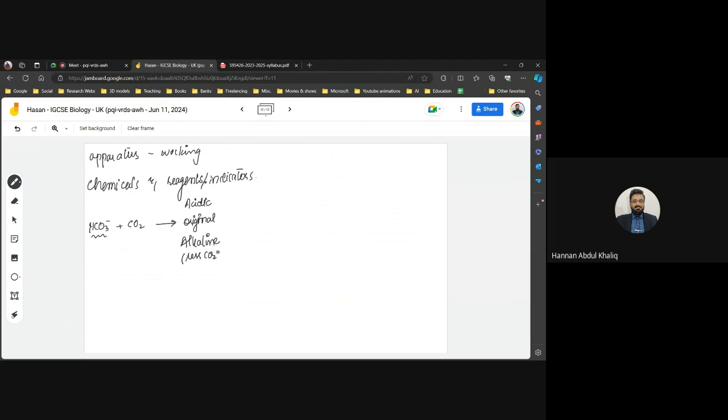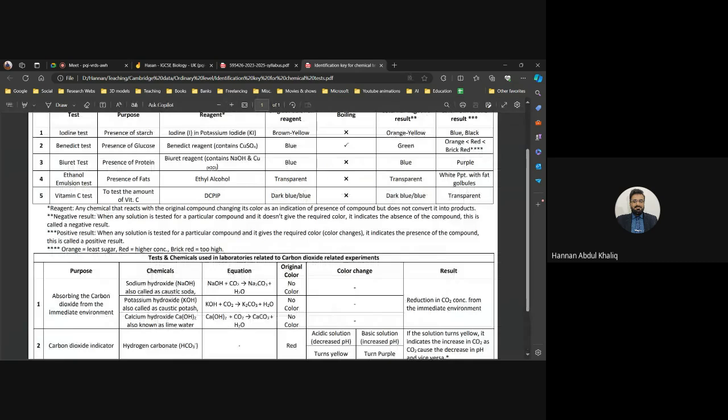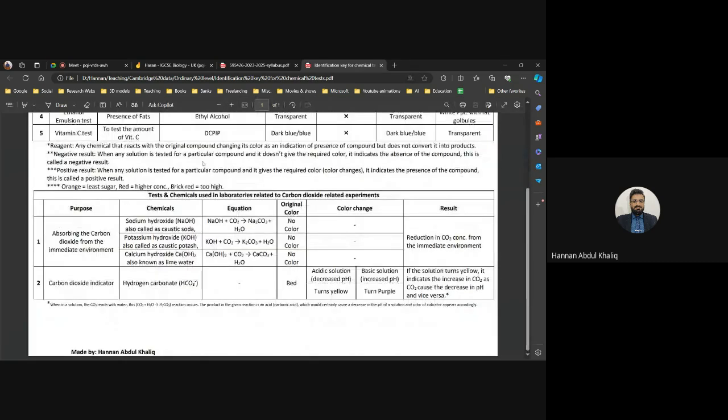In case of less CO2, let me open that document that I shared with you about those chemical tests. Just look at here. Carbon dioxide indicator is hydrogen carbonate. Its original color is red. If the solution has more carbon dioxide, it means it would have decreased pH.